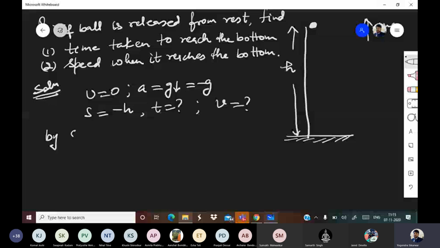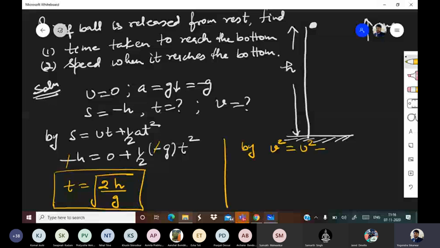Alright. Now, other than that, by V square is equal to U square plus 2AS. So V square is equal to 0 square plus 2 into minus G into minus H. So V will be under the root of 2GH.